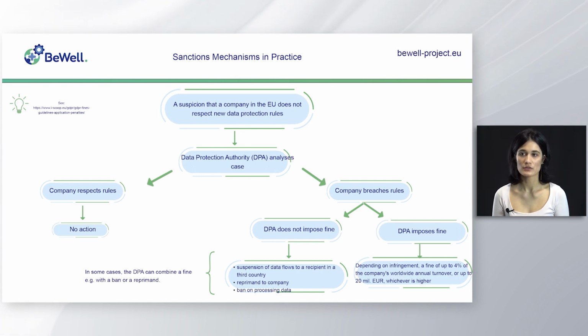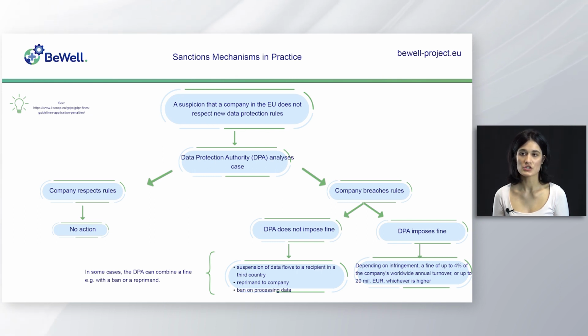If there is suspicion that a company doesn't respect GDPR rules, and 2. The DPA analyzes the case and, if the company respects the rules, there is of course no action taken by the DPA. If some rule is breached and does require a sanction depending on the context we tackle in this article, the DPA can decide 1.